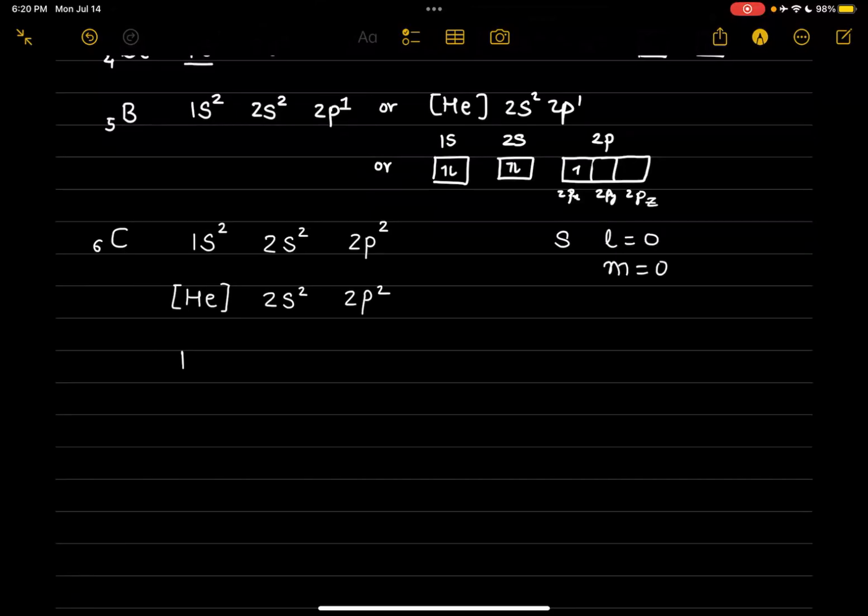Just one orbital, so you put 2 electrons in 1s with opposite spins. Here the problem will start. What will be the correct electronic configuration of carbon?